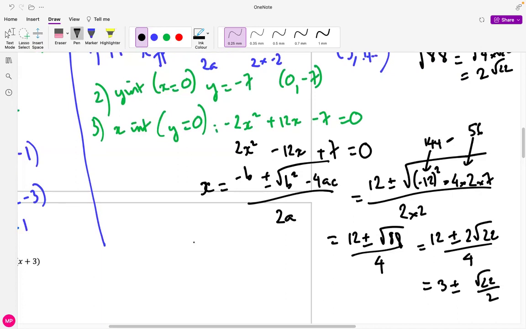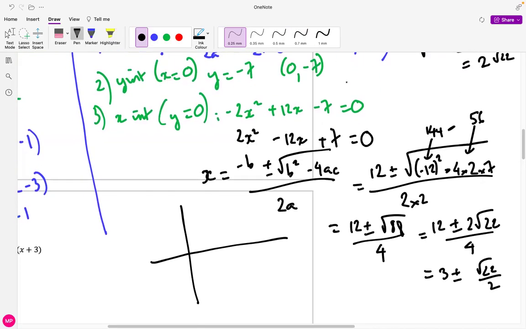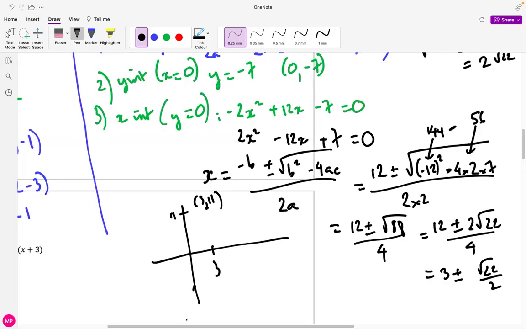Okay. Now you can put them together. So the turning point is (3, 11). That's my turning point here. My y-intercept is (0, -7) here. And so I know that my shape will look like this.